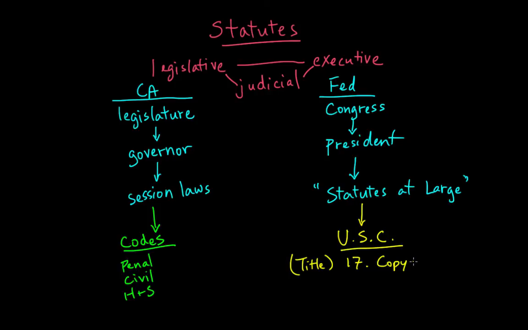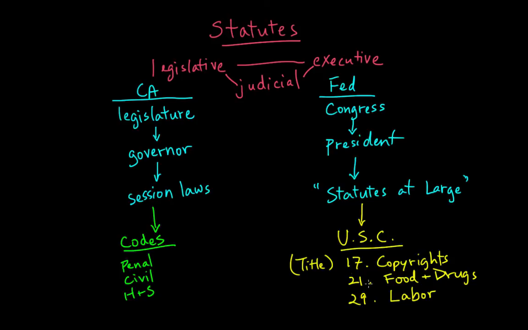Title 17 deals with copyrights. Another example, Title 21 deals with food and drugs. And one more example. Let's say Title 29. Title 29 happens to deal with labor. Right? So these are the titles within the single United States Code.